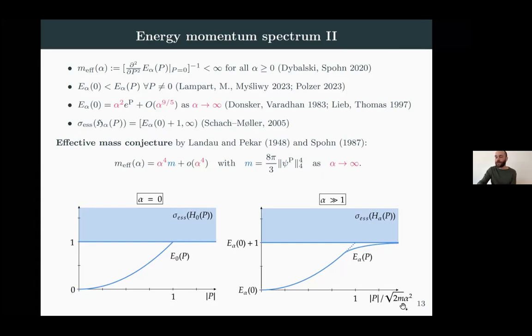And the physical picture is that this electron is surrounded by this cloud of phonons and forms this quasi particle with a very large effective mass, that it leads to this very flat parabola here.